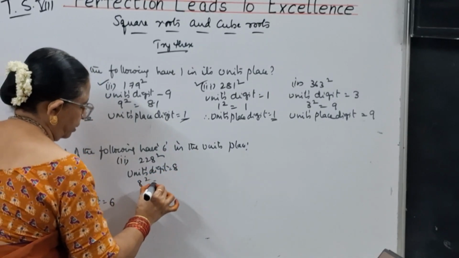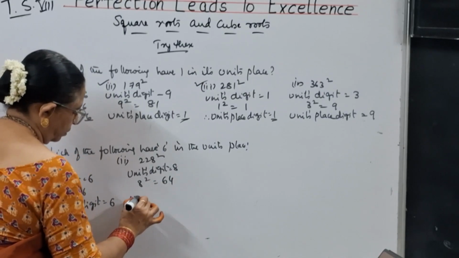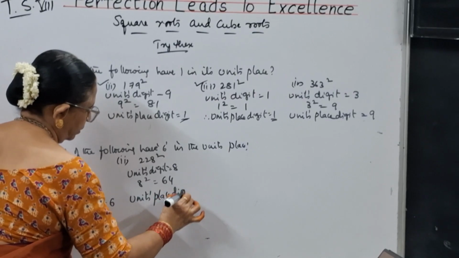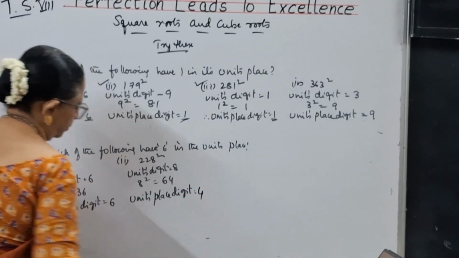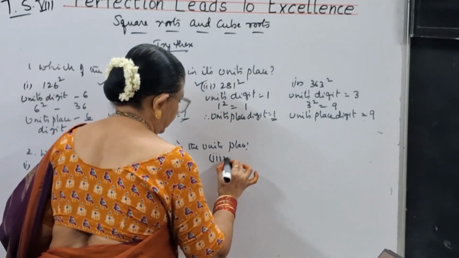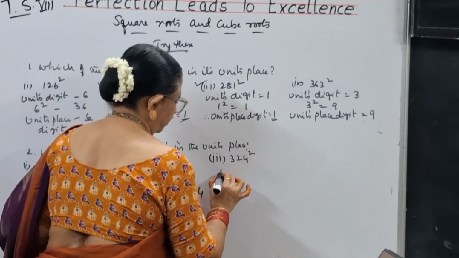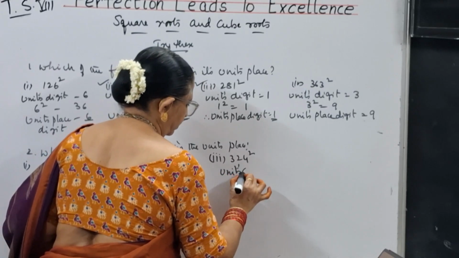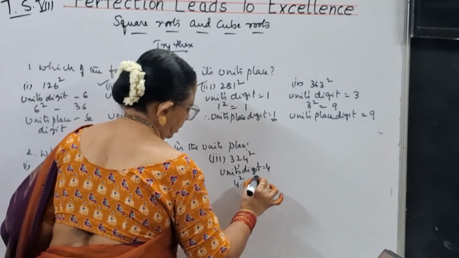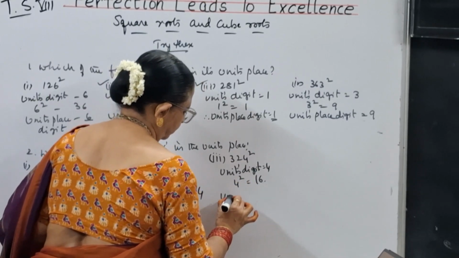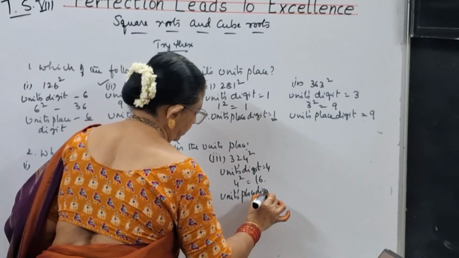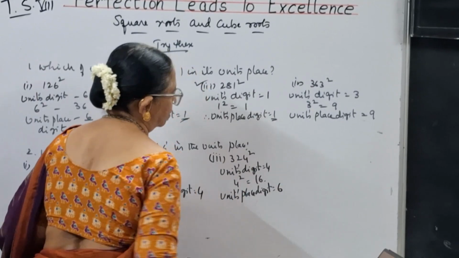So, 8 square is 64. So, units place digit is 4. Now, third bit, 324 square. So, units digit is 4. So, 4 square is 16. So, units place digit is 6.